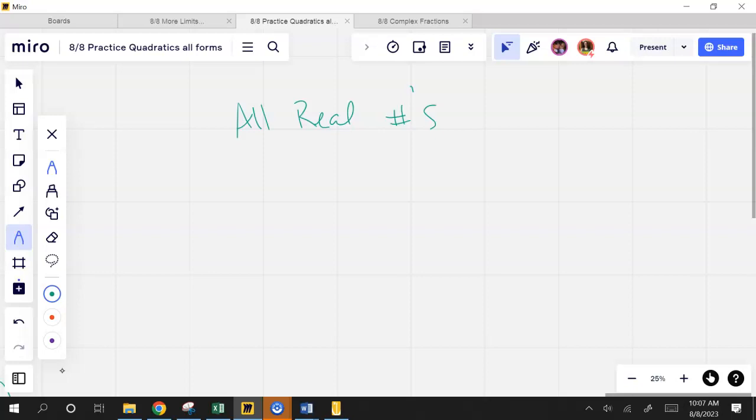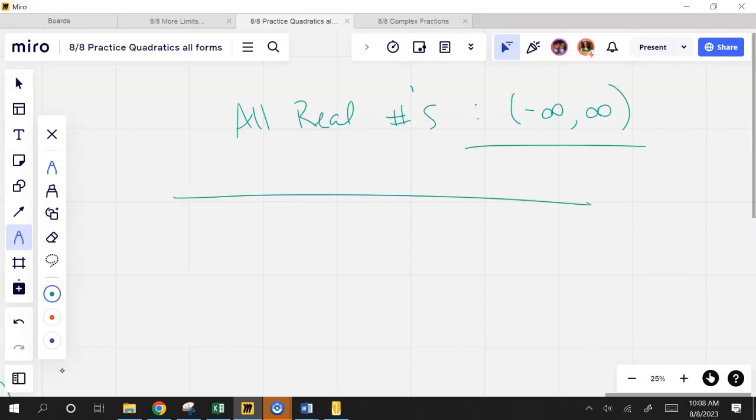If it could be anything on this number line at all, what's the smallest it could be? Yes. That's how you say all real numbers. But if you want it in interval notation, this is how you do it.